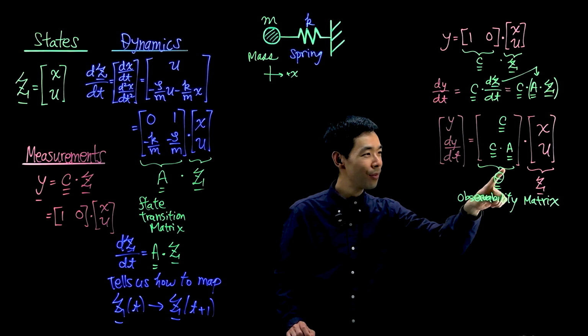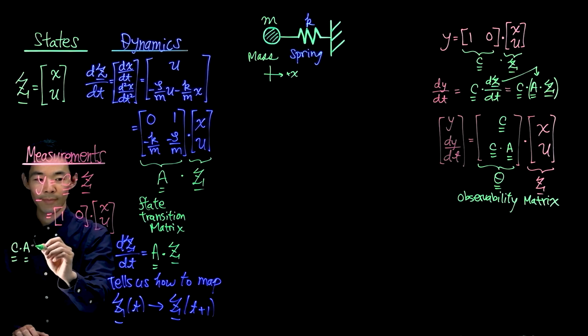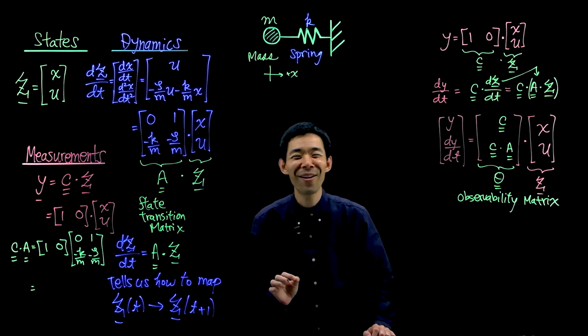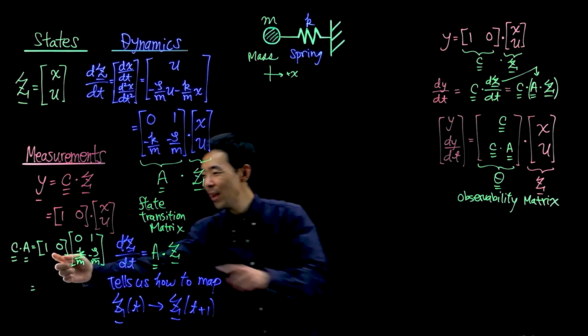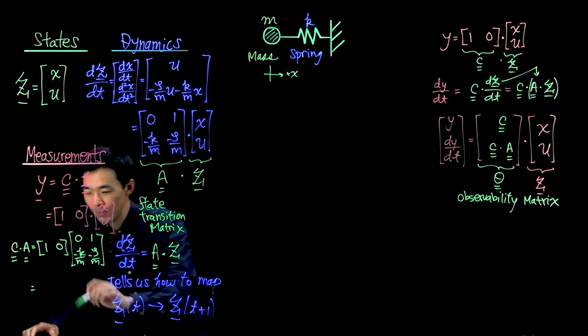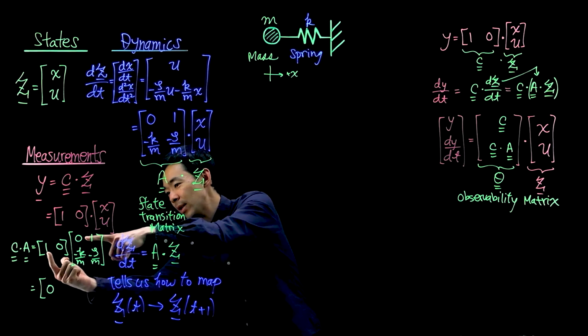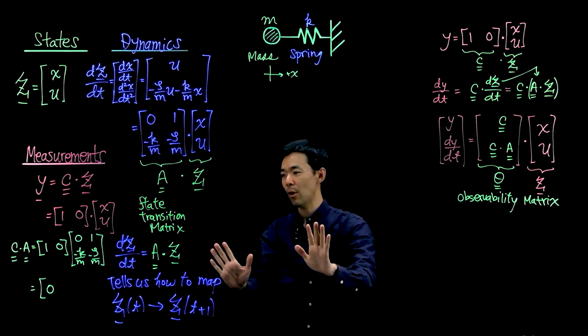The second row, C times A, let's work out over there. I'm just cramming this small linear algebra matrix product over here on the left-hand side. We have 1 times 0, so you don't pick up anything in the first entry. The first entry is just a big 0, because 1 times 0 plus 0 times negative k over m is equal to 0.